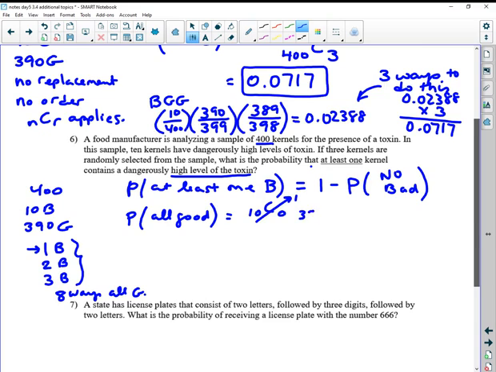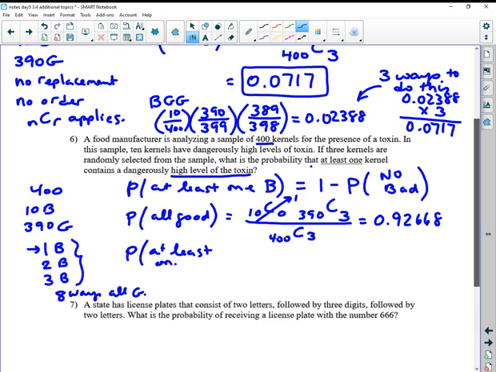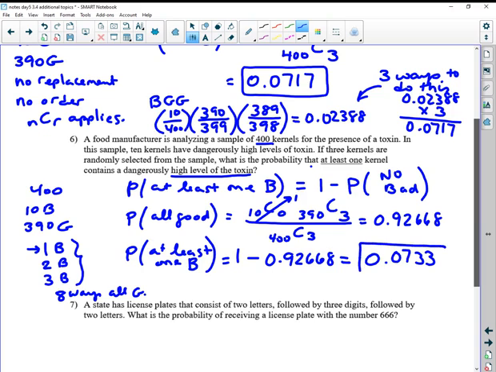But I want 390C3, taking 3, all of them being good, out of 400C3. Probability at least 1 bad is 1 minus the probability all good, and I get 0.0733 if I round it to 3 significant digits.